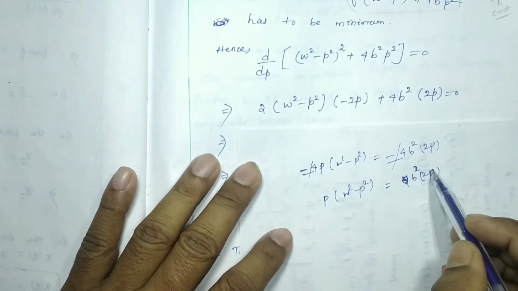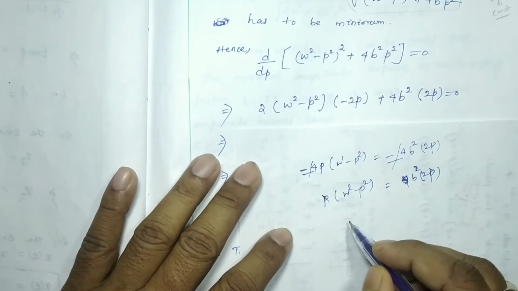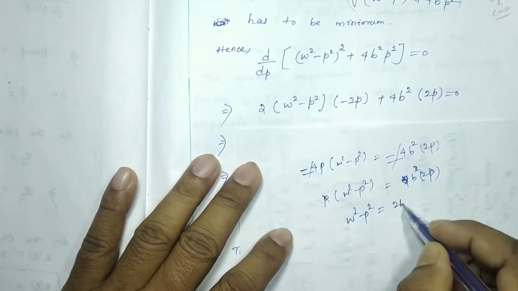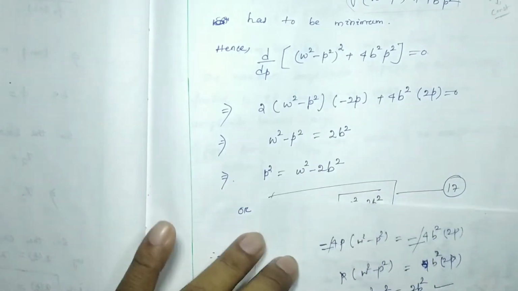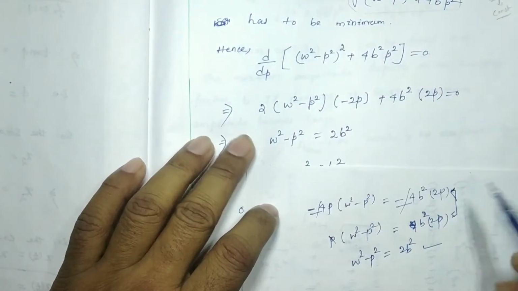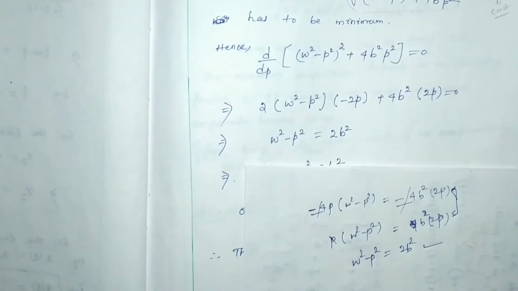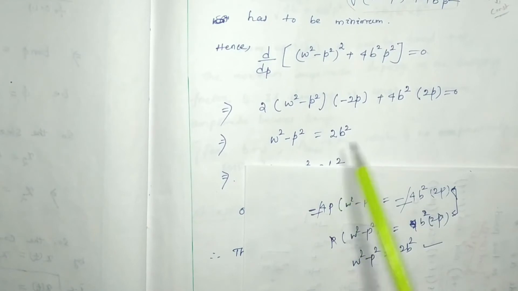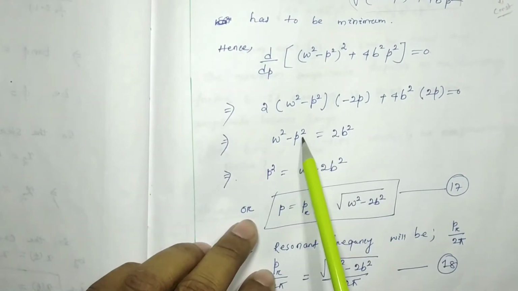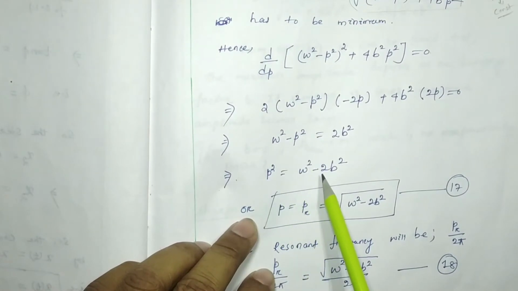So here p also got cancel. We can found omega square minus p square is equal to 2b square. Okay, I omitted these two steps, so directly I written omega square minus p square is equal to 2b square. So that implies p square will be equal to omega square minus 2b square.